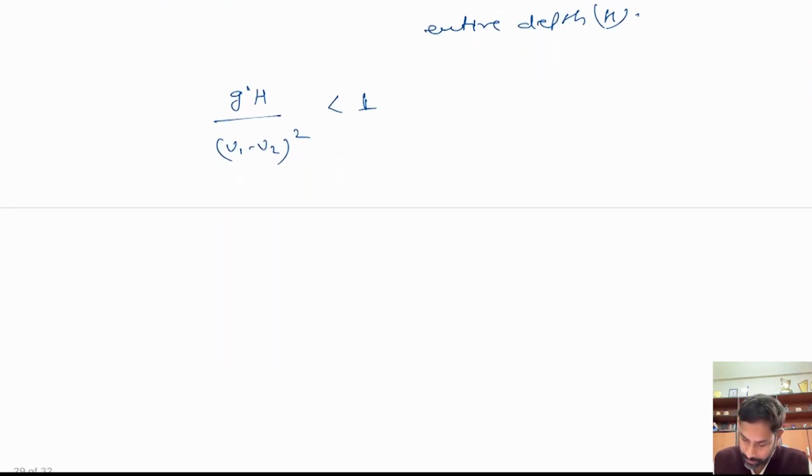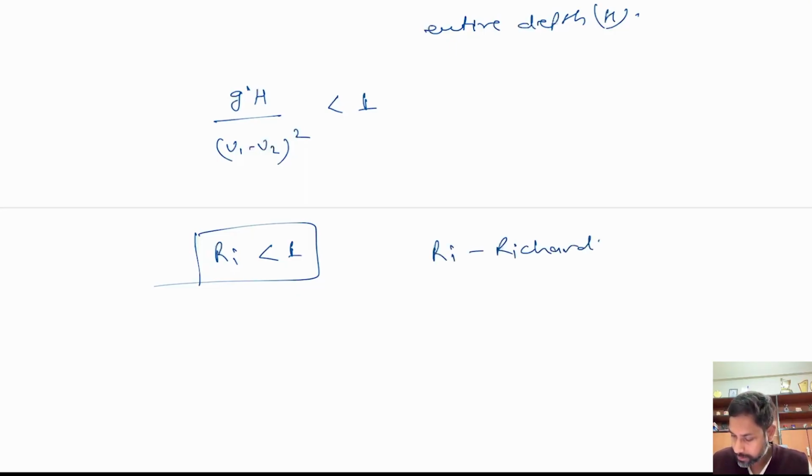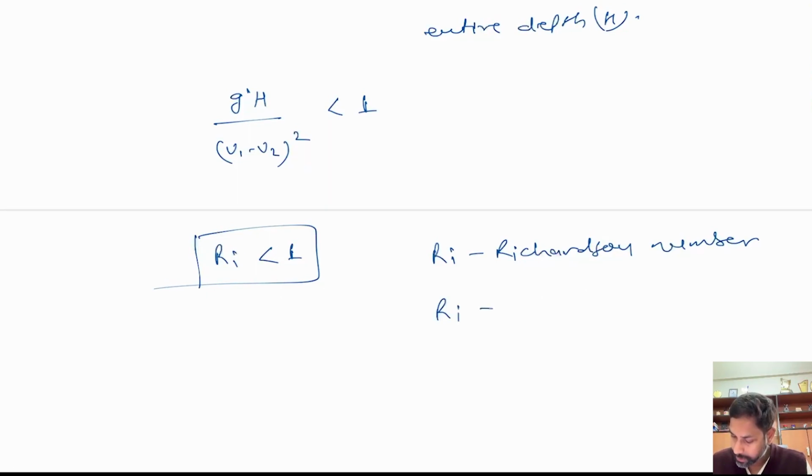That is another thing that we studied in the beginning, right, where Ri here is the Richardson number, which gives you the ratio of buoyancy over inertia force.